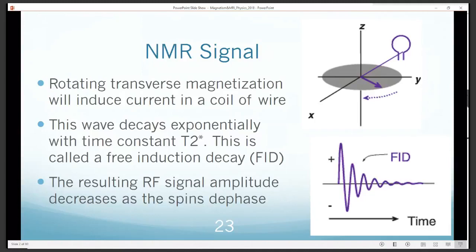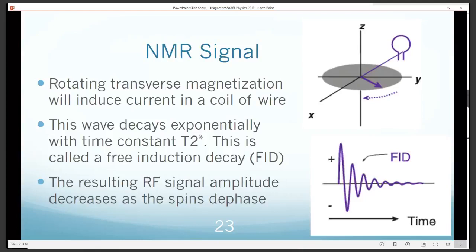And so it's going to be precessing still, even though it's in the transverse plane, at the resonant frequency. And we're going to be able to pick up a signal at that resonant frequency in our receiver coil, and it'll produce a decaying signal called a free induction decay, or FID. This signal decays with a time constant called T2 star.